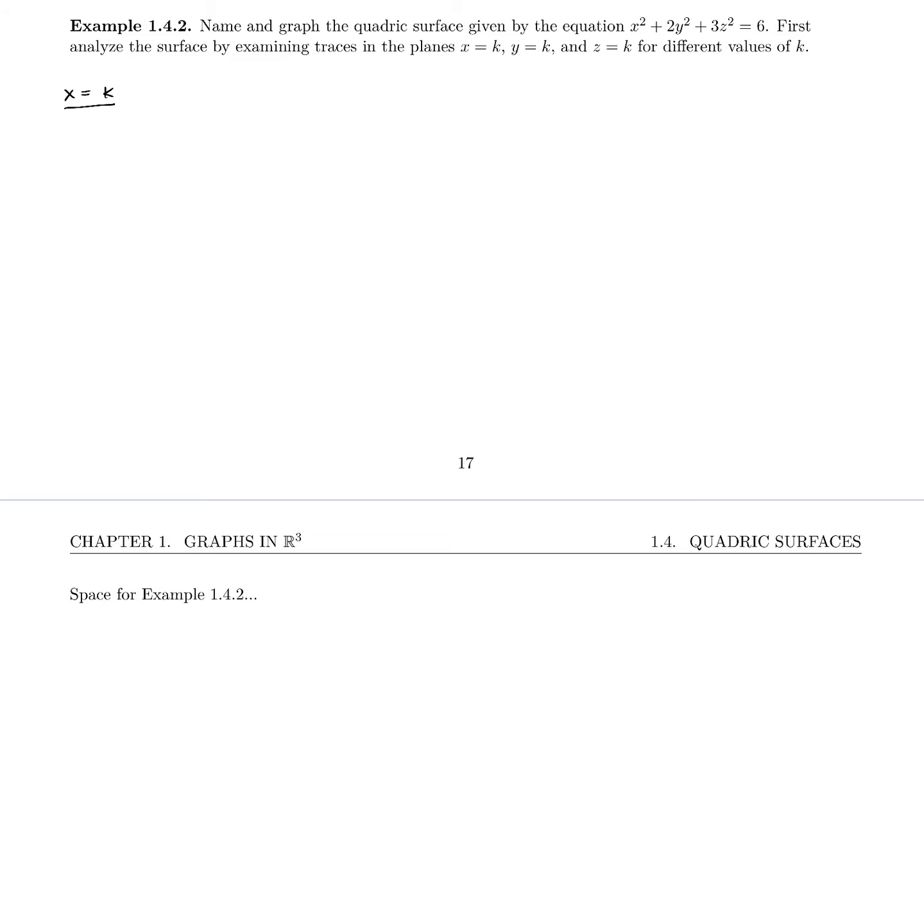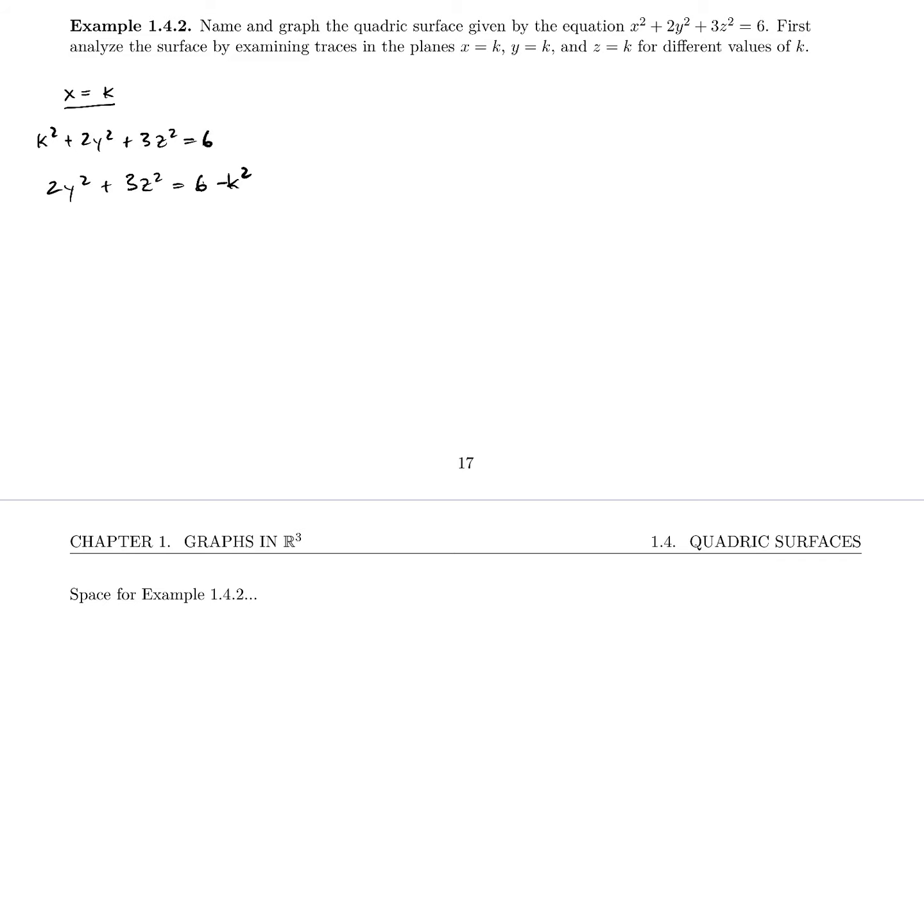If we plug in x equals k, then we get k squared plus 2y squared plus 3z squared is equal to 6. Bring that over to the other side: 2y squared plus 3z squared is equal to 6 minus k squared. From our review of conic sections, we have two squares, but the coefficients are both positive and different.